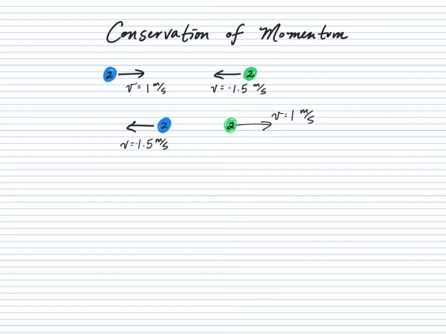Now, when we think about conservation of momentum, we need to look at stuff that we have initially and stuff that we have finally. So initially, in this system, we had these two objects, so they have some initial amount of momentum together, because remember, we summed those momentums together.